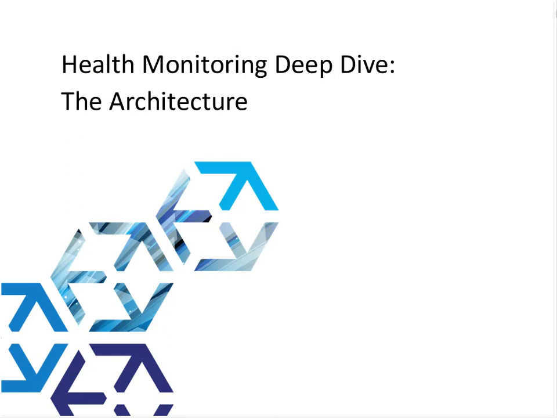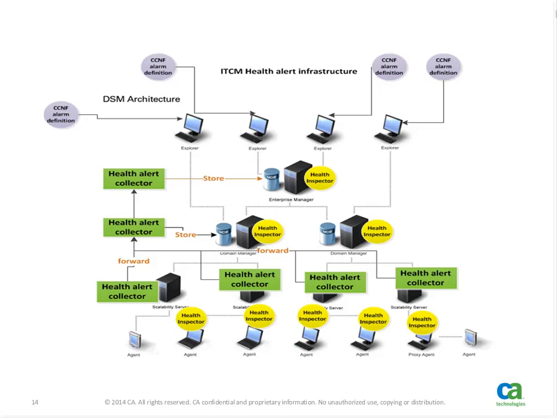Okay, now we want to talk about the architecture of health monitoring. As we talked about earlier, the alerts are all configured in configuration policy. So CCNF, which is the configuration manager component of client automation, is where you would build those configurations, and then you would deliver those configurations to the appropriate nodes, the collectors or the agents.